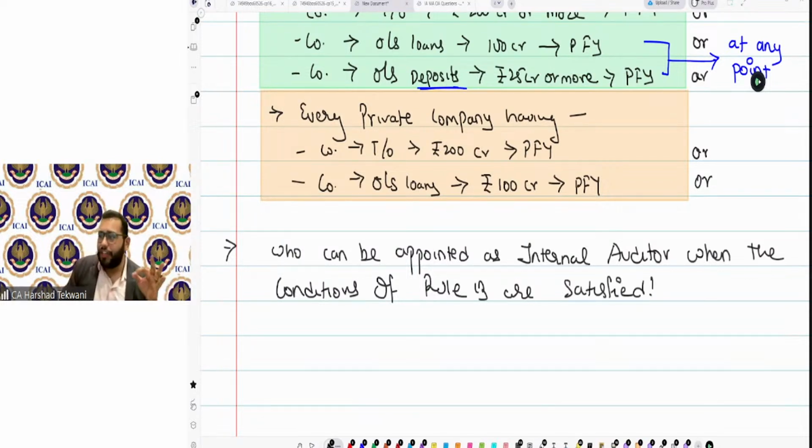Is there any qualification criteria? So who can be appointed as an internal auditor? Who can be appointed internal auditor, guys? Is there any criteria for that?